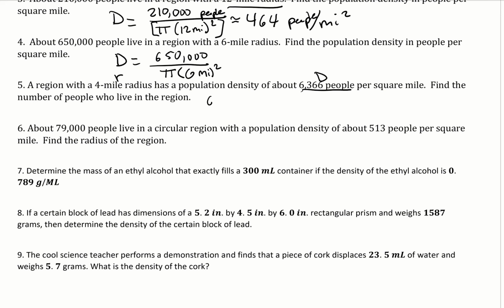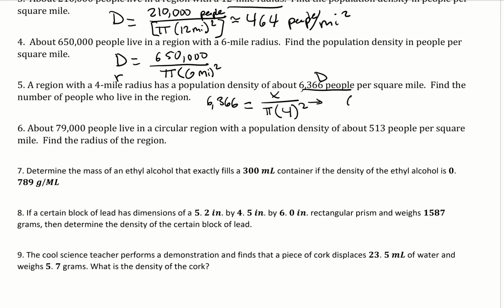So 6,366 people per square mile is equal to the population, which we'll call X, over the area, which is pi times 4 squared. Remember, the area of a circle is pi r squared. So this is going to be 16 pi.